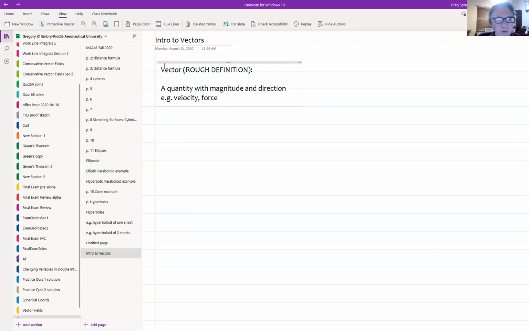Another good example is a force. Someone could push on something with a force of like 100 pounds from the east direction. So those are some familiar examples.